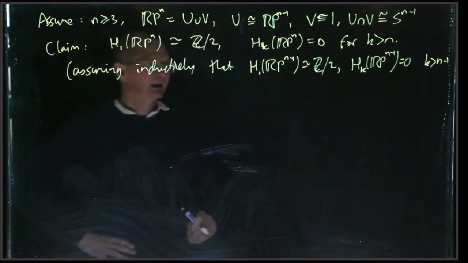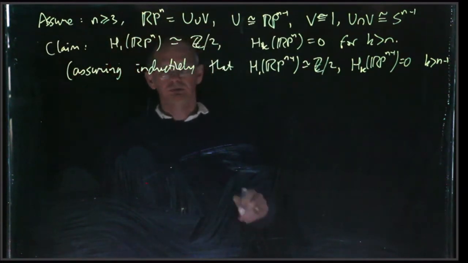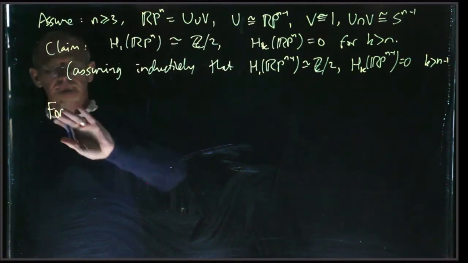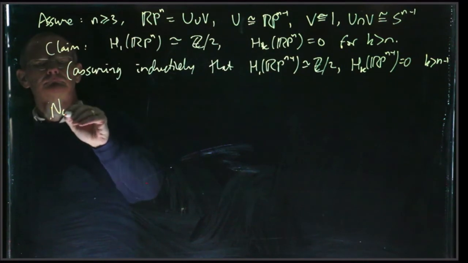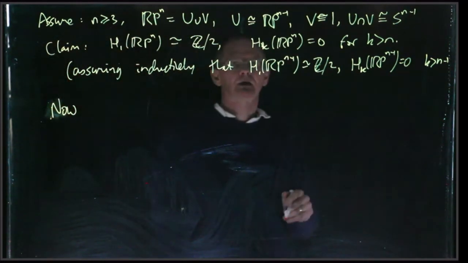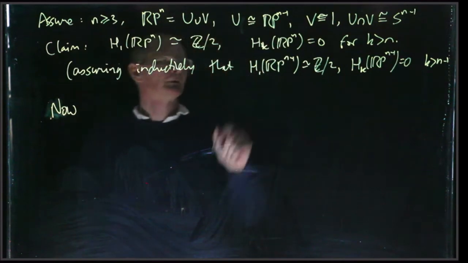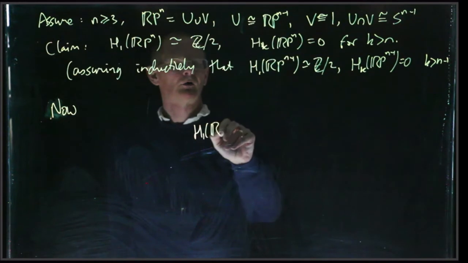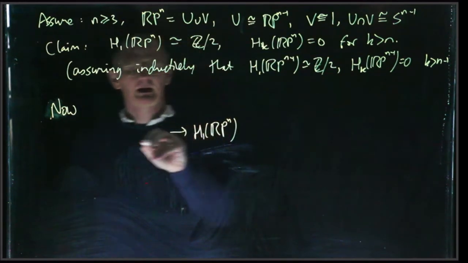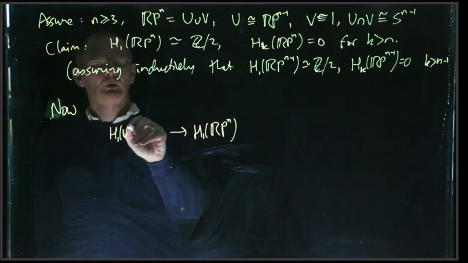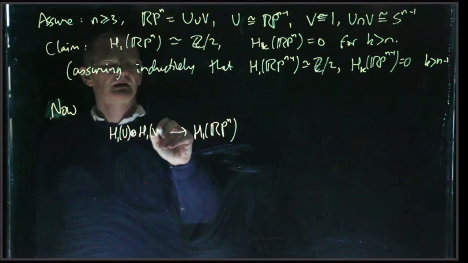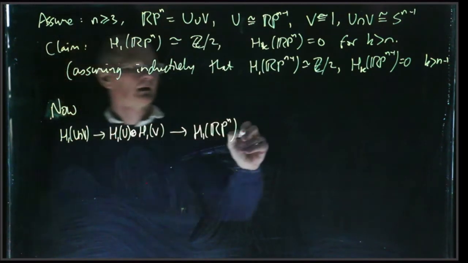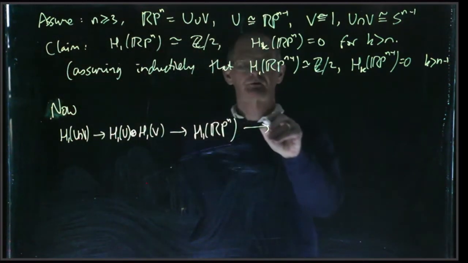So now let's have a look at the Mayer-Vietoris sequence. We're interested here in H1 of RPn. So we get H1 U plus H1 V, and here H1 of U intersect V, and then we get a delta down here.